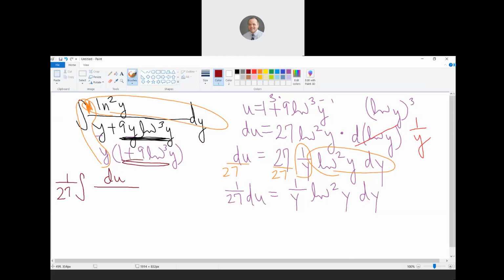And the 1 plus 9 natural log cubed y is our u. So we have a very simple fraction to integrate. The integral of 1 over u du is natural log absolute value of u plus c.